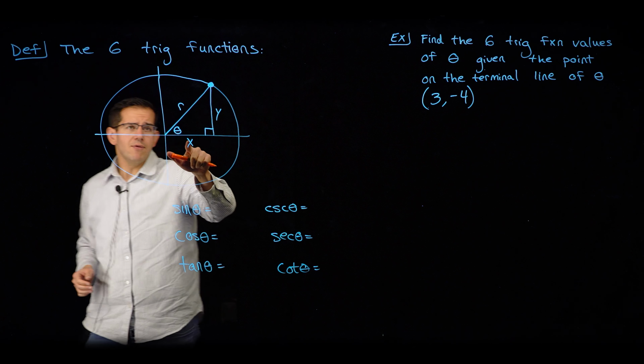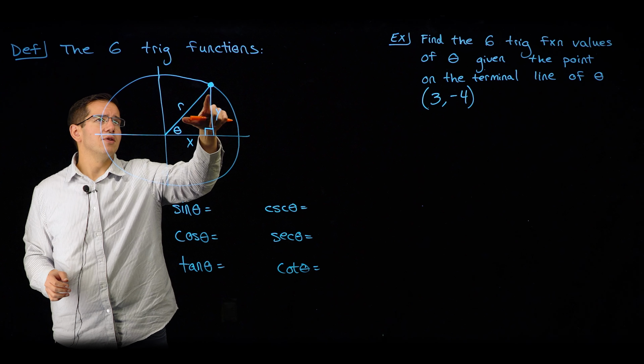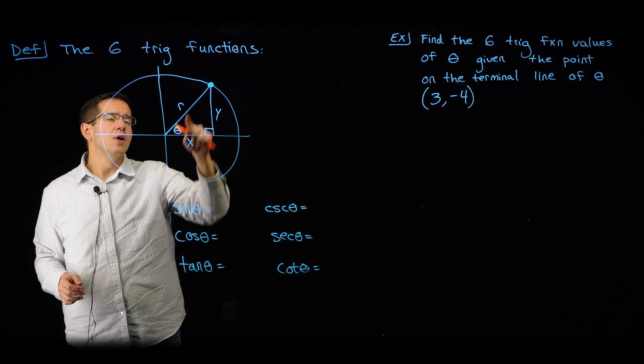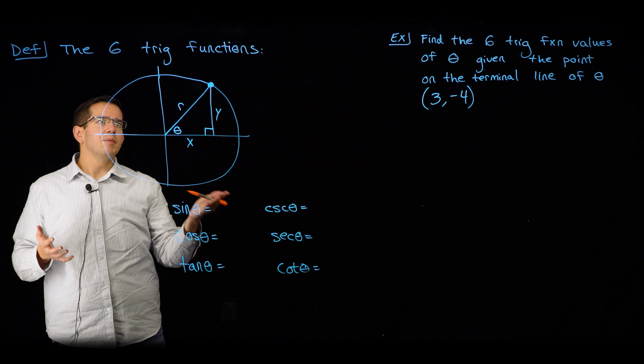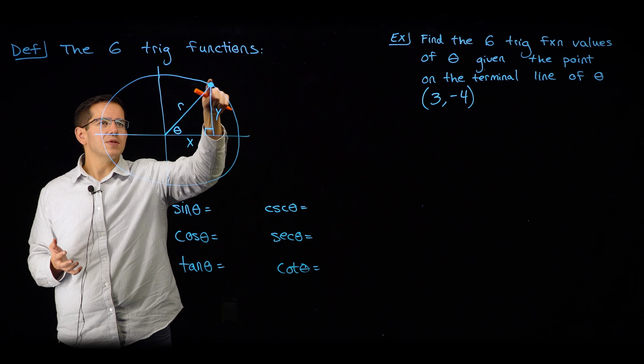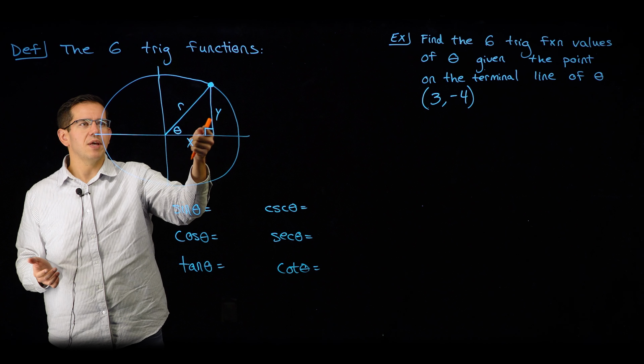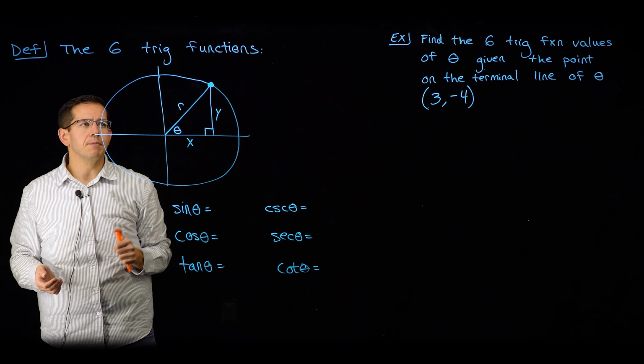So, if we look at this right triangle that shares a point with this circle, we know that a circle can be constructed with some radius and then a rotation of 360 degrees given a bunch of different angles, theta.